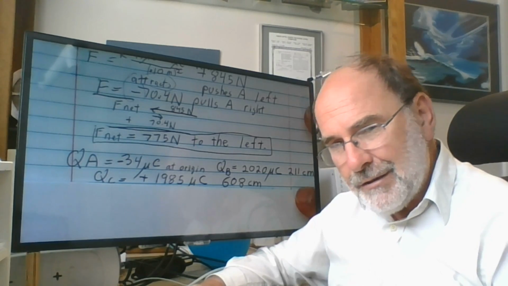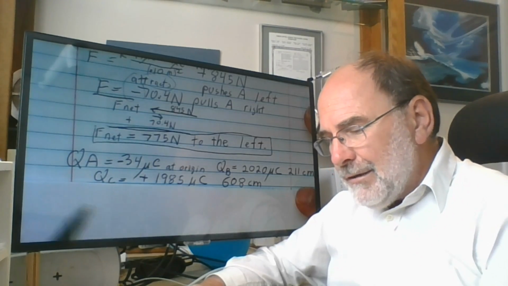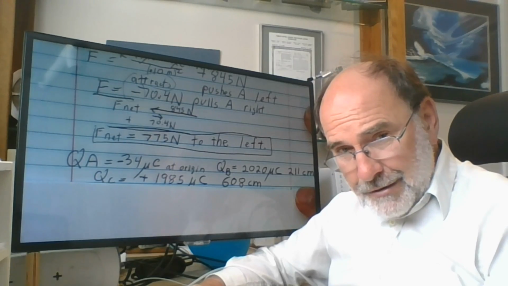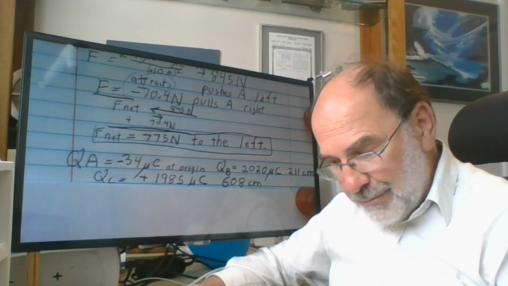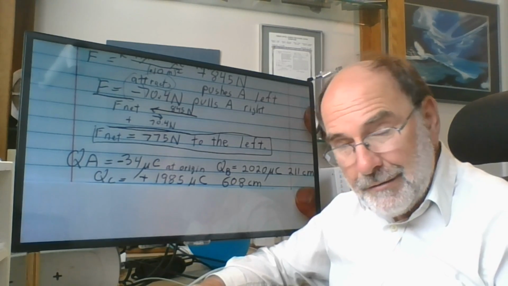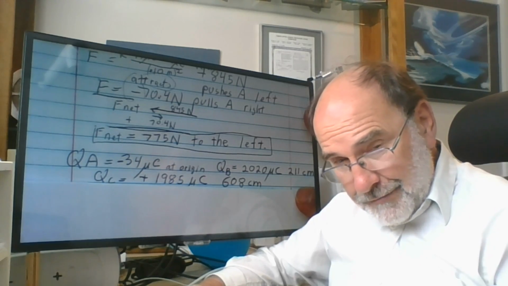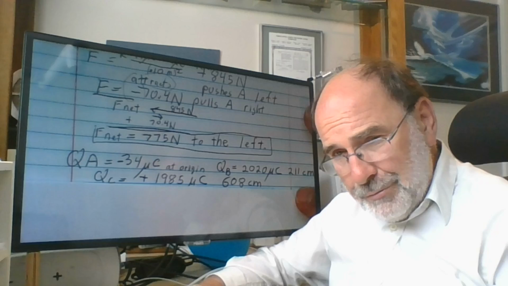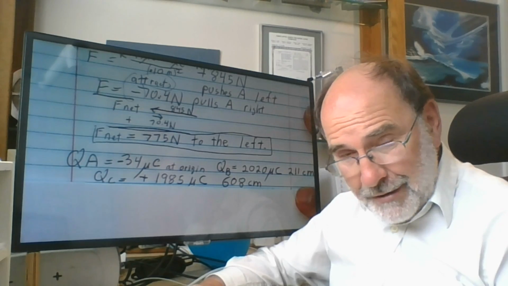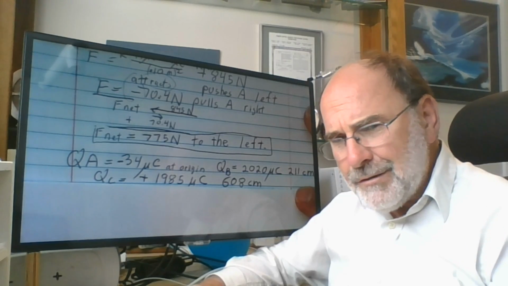You should be starting to think of these conversions in your head almost automatically. Because A and C are opposite in sign, A is going to pull C to the left. So I put that in as a negative into my calculator. And charge B is positive, charge C is positive, like charges repel. So B is going to push C to the right.